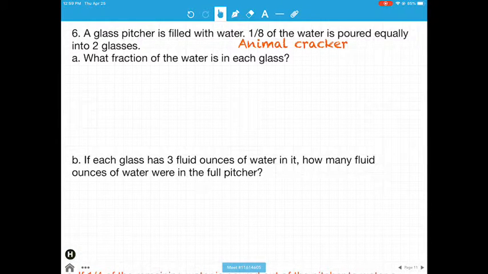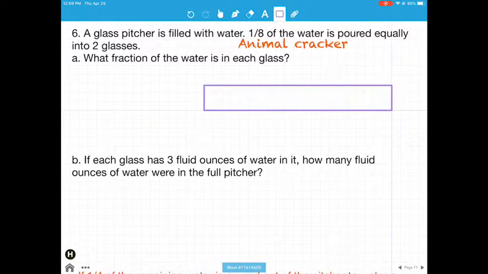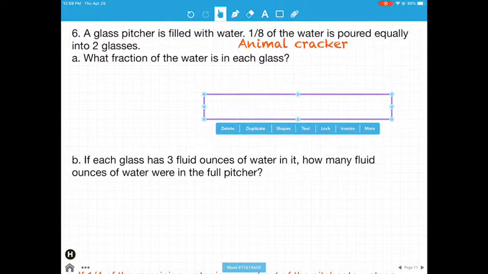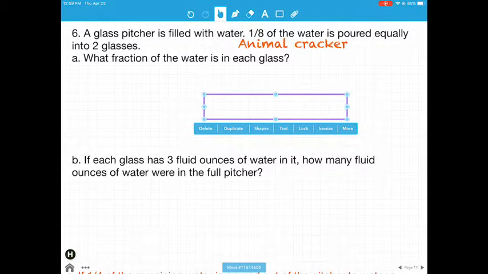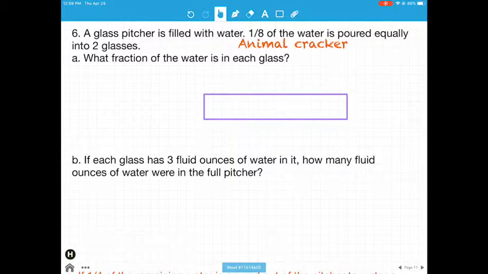A glass pitcher is filled with water. 1/8 of the water is poured equally into 2 glasses. So we have a complete pitcher. Pitcher, not picture. Let me check. 1, 2, 3, 4, 5, 6, 7, 8. Now 1/8 of the water is poured equally into 2 glasses.